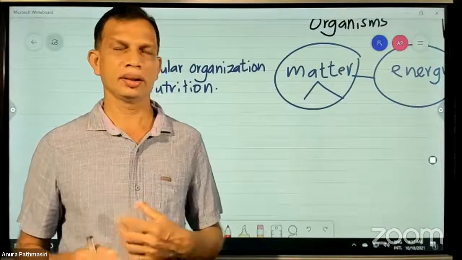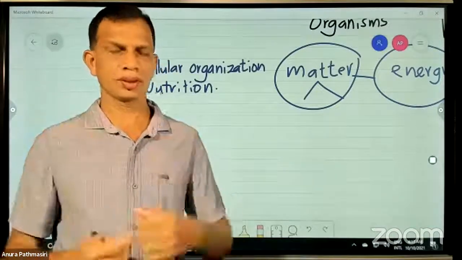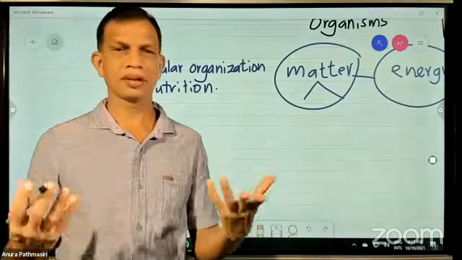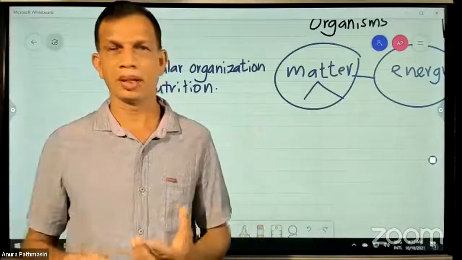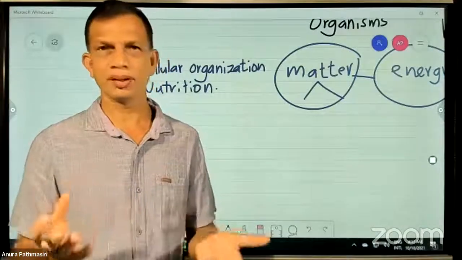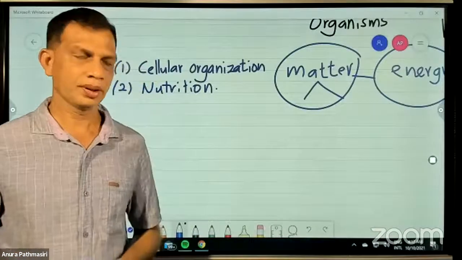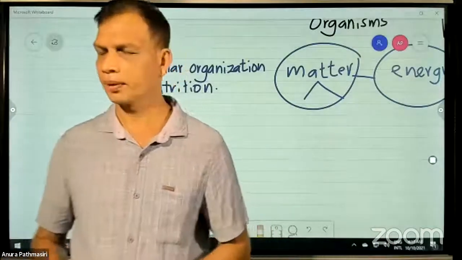Those are required for my body structure, body cells, and their functions. So matter is required to build up my body, and energy is required for the functions. You have to have them, otherwise you are not going to be an organism.